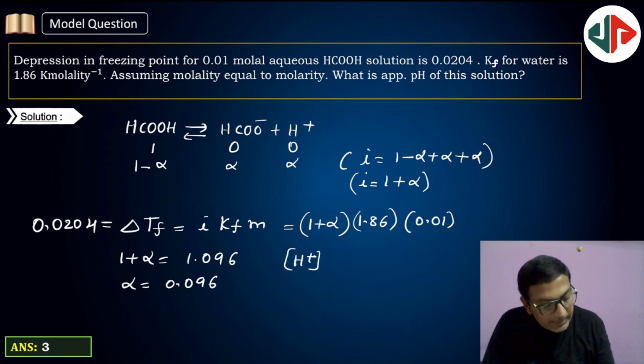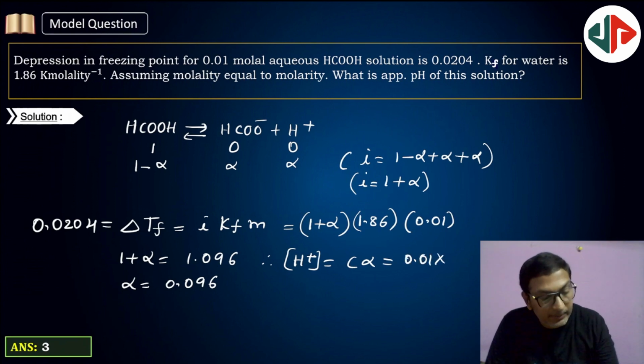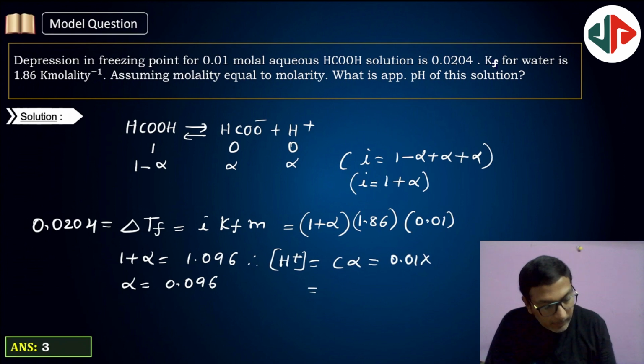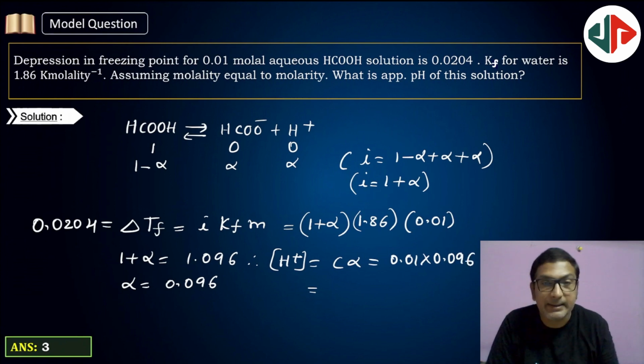From this, H plus concentration equal to C alpha. C is the concentration of that acid, that is 0.01, into the alpha value, 0.096.